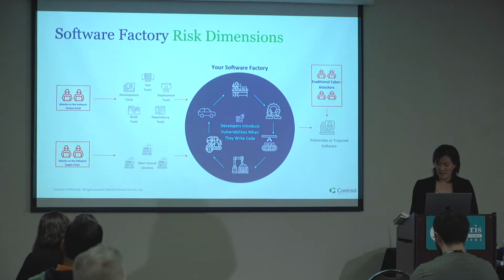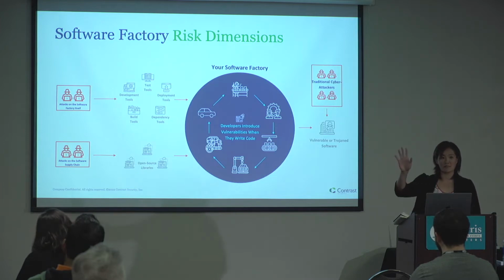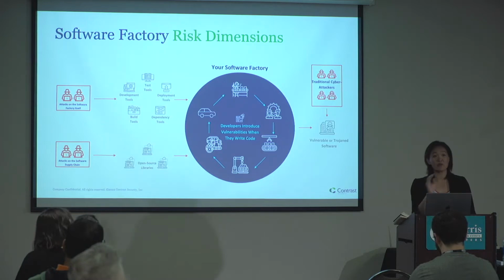SolarWinds was really bad. Things like dependency confusion. Have you heard of this one? This one's really interesting. Who knows about dependency confusion? The idea here is your package managers will check public repositories before they check private ones in some cases. So one guy decided, I'm going to check something.